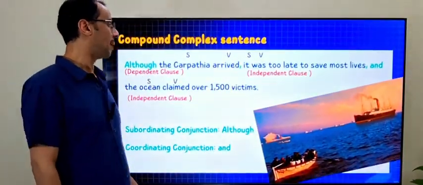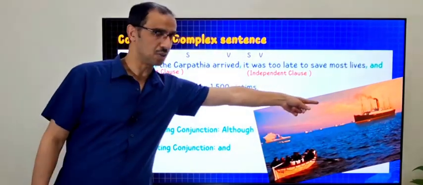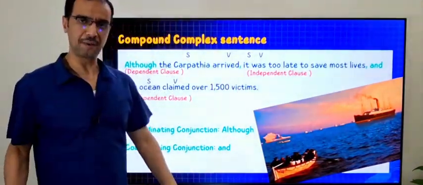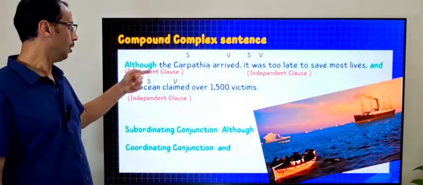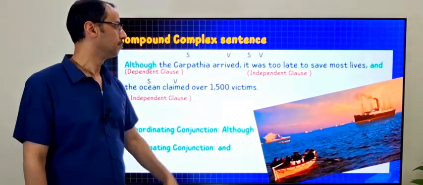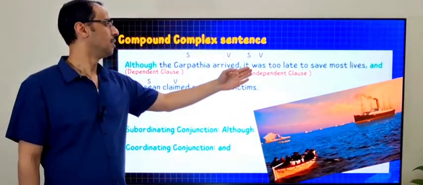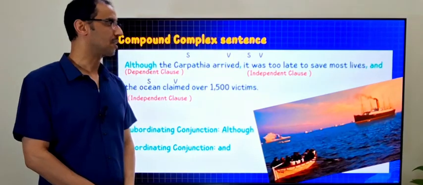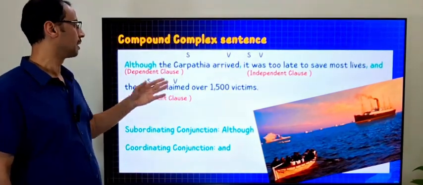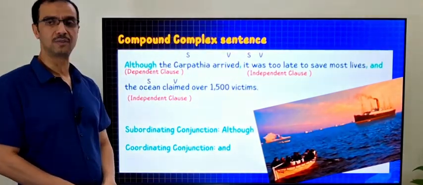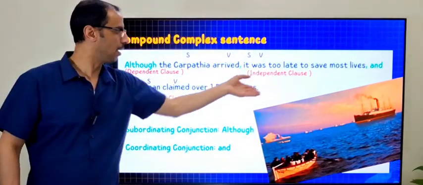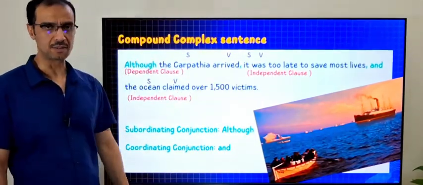Although the Carpathia arrived, there was another ship nearby, but it took a lot of time to come. So, although the Carpathia arrived, that is a subordinating conjunction, it was too late to save most lives, and the ocean claimed over 1,500 victims. So again, that's a compound and complex sentence.